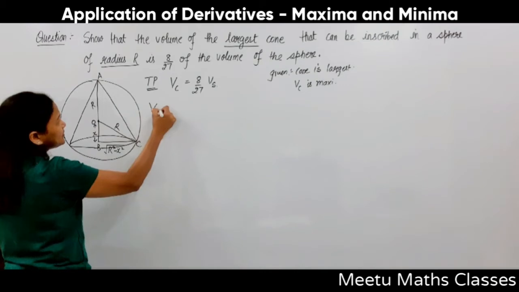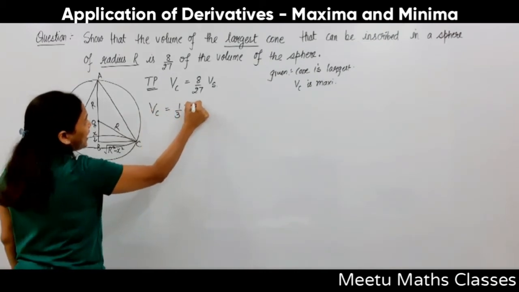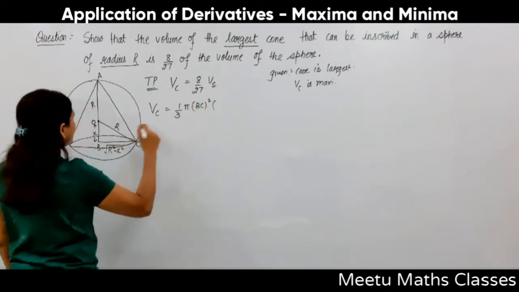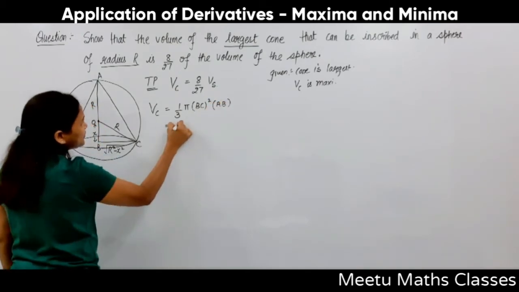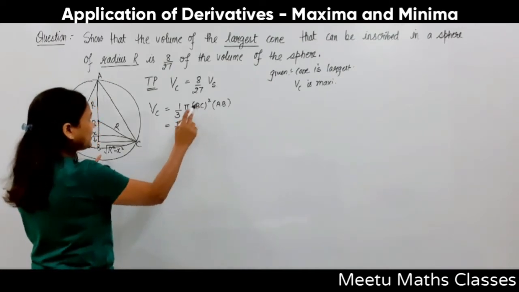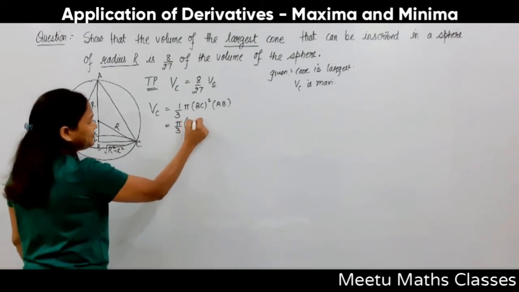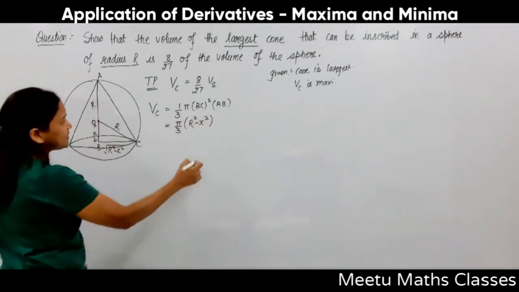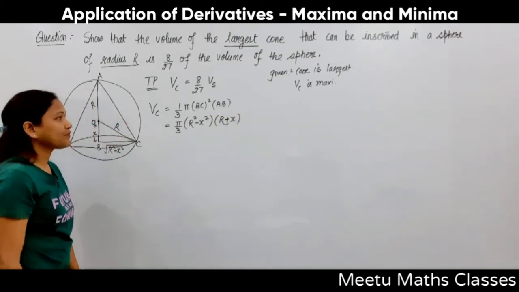So consider the volume of the cone, that is 1 by 3 pi r square h. Here the radius squared is BC square, which equals r square minus x square, and the height of the cone is AB, which equals r plus x.